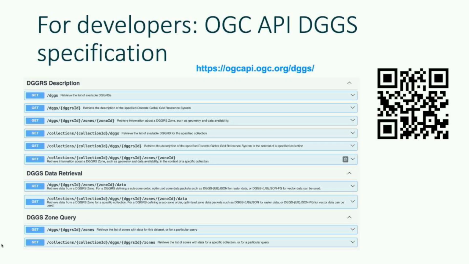So this is the classic Swagger documentation. The semantics are basically like this. DGGRS ID, that would be something like H3 or IGEO7 or HealPix. Then zones, and then the zone ID, which is the cell ID, and then you would get information, what do we have here? And you can also have that with collection, then you know already the layers, let's say, could be elevation or temperature.